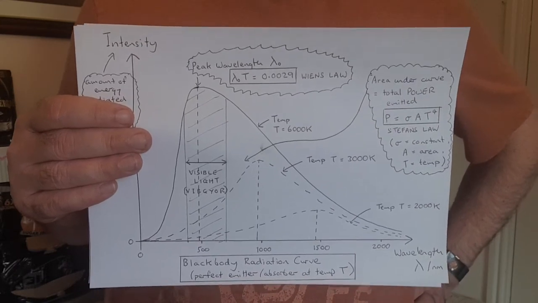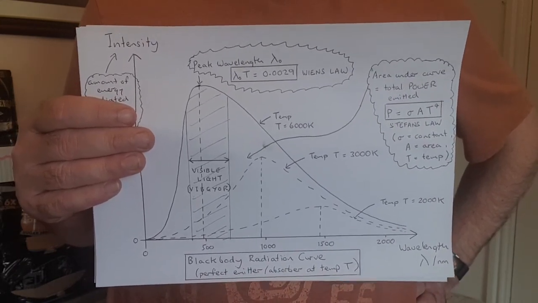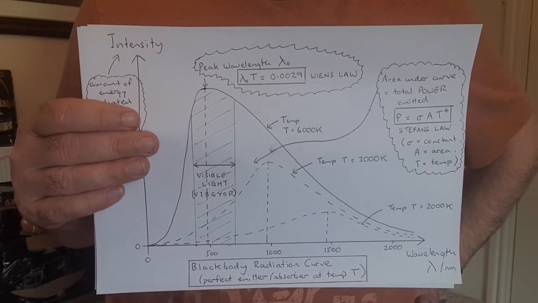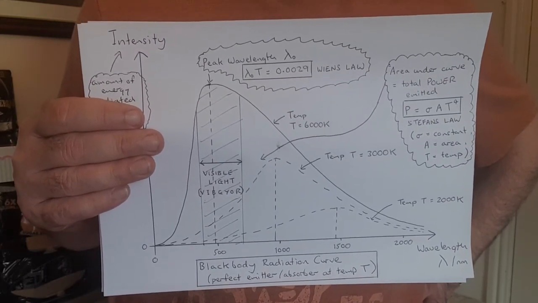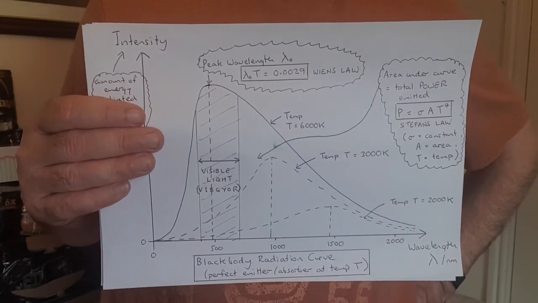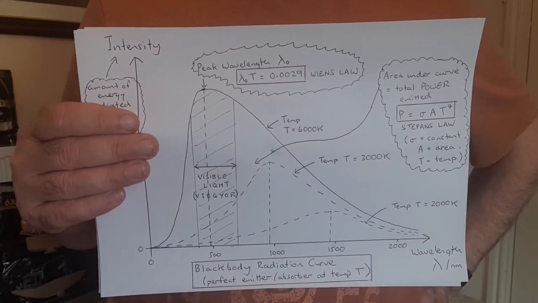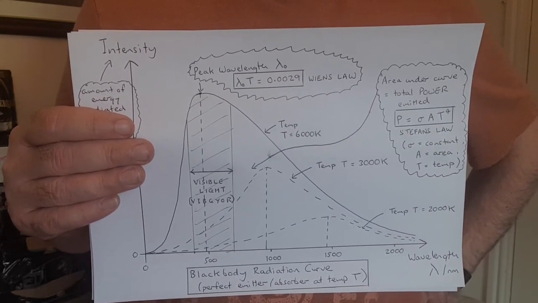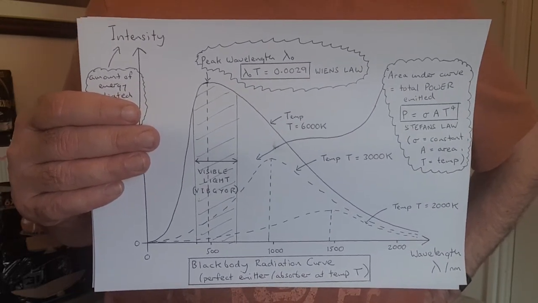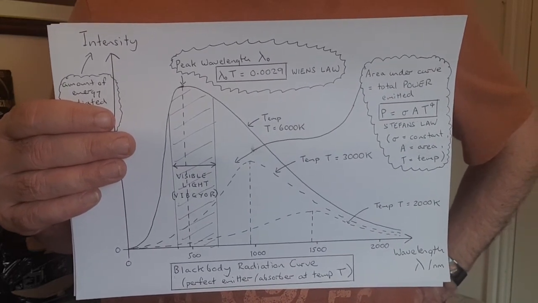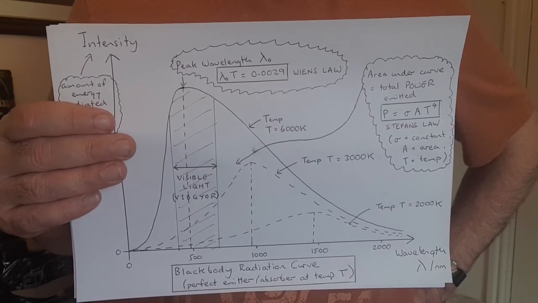So two really important physical things that you can get by approximating the spectrum of a star to a Blackbody curve: you can measure the temperature of a star, and you can also measure the size of a star. Or you could also, of course, compare the sizes of two different stars if you know their relative absolute magnitudes. Okay, so that's Blackbody radiation curves.